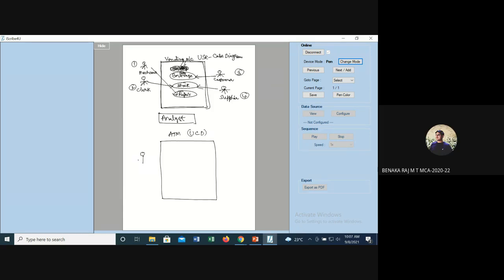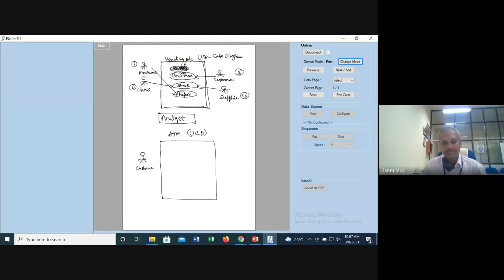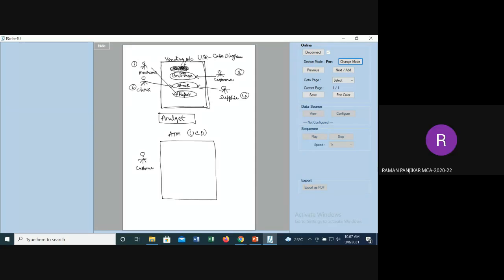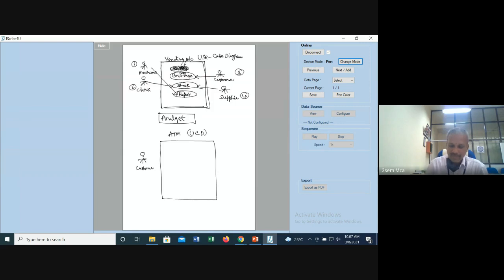Okay. Bank. Who else? Bank is a system now. ATM is a part of bank. So let us take ATM as a part of a bank now. So bank is a system. Assume if you take bank as another actor, it will be complicated. It is very simple.